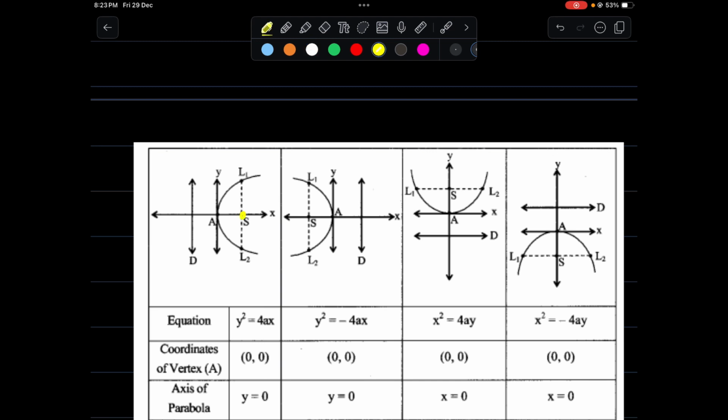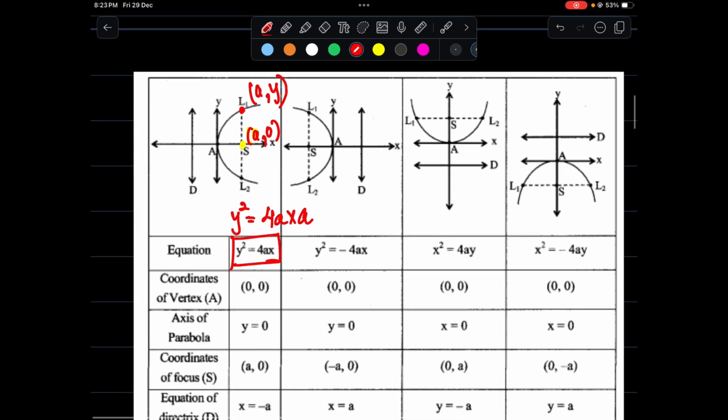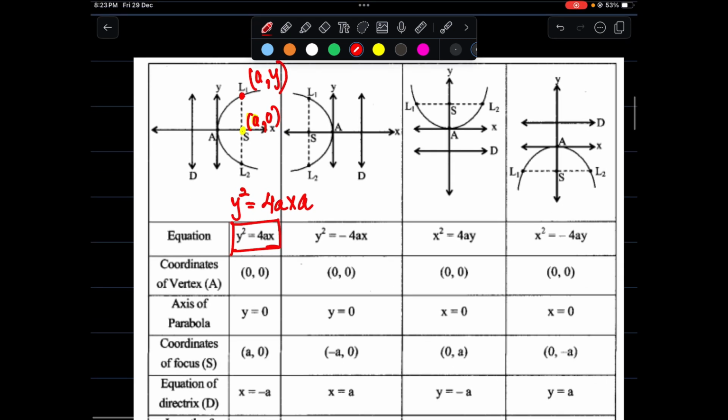So you know that this point is going to be the focus, which is, let's say, a comma 0. Then this point is going to be a comma y something. Now this also satisfies the equation. Now the equation of parabola is this. So put the y value. So y square is equal to 4a, and what's the x value now? X value is given as a, right? So what value do you get now? You get 4a square.